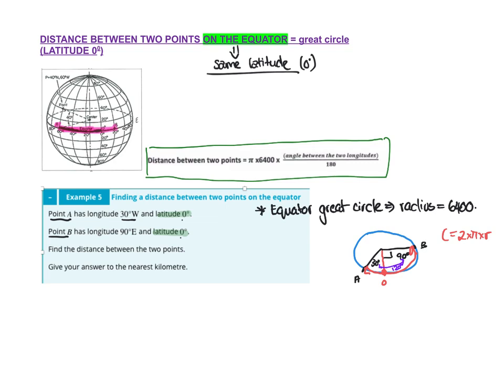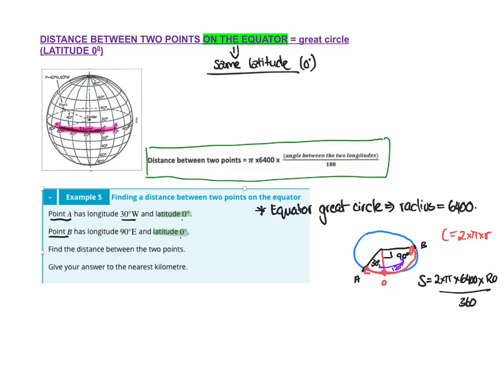If we work this out using our arc length formula, S is 2 times pi times the 6,400. And remember, we multiply it by how much of the circle we've got, which is 120 over 360.